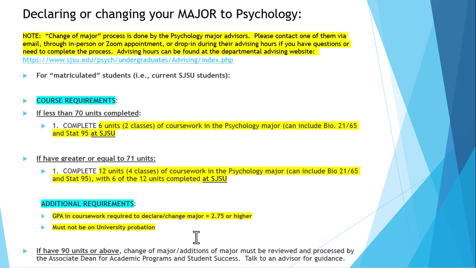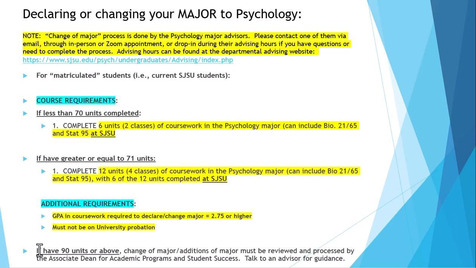Okay, just to let you know that if changing your major to psychology will delay your graduation, if you've earned 90 units or above, then it's unlikely that your change of major will be approved.